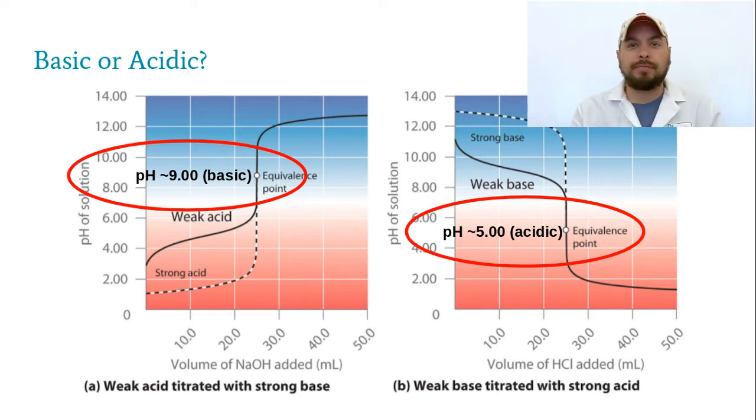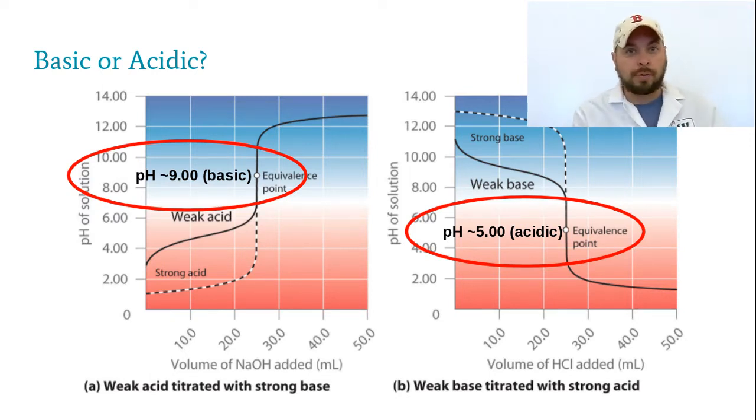If we flip this to a weak base being titrated, like in the graph on the right, what we see here is that at the equivalence point, the pH is less than 7. And the reason for that is because as we are titrating away that original weak base, it is turning into its conjugate weak acid. As it turns into a conjugate weak acid, remember the original strong acid that we're adding and the original weak base are gone.